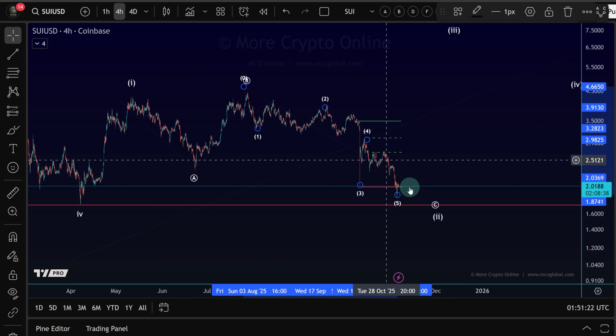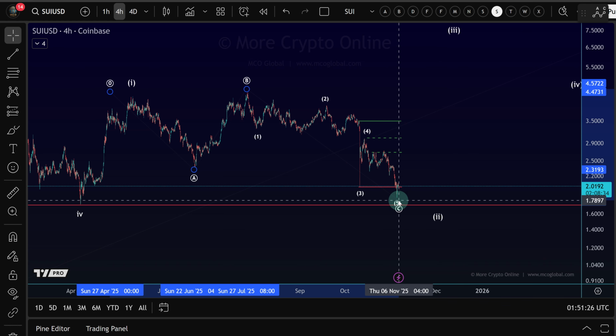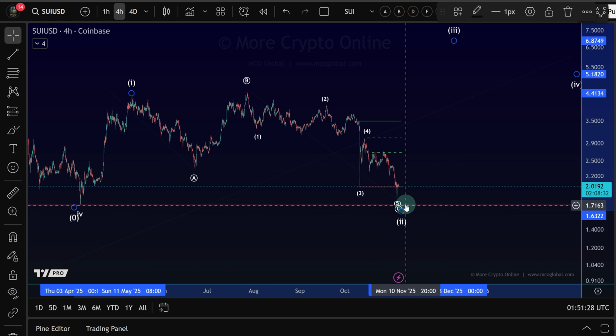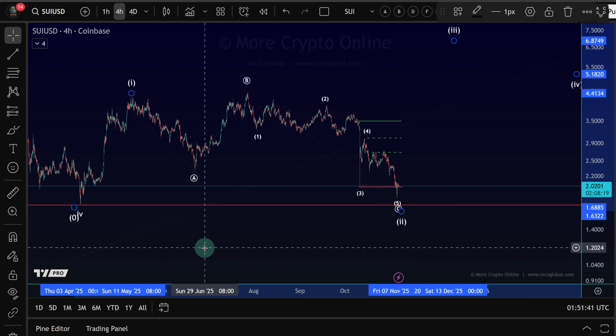And this is a completed 5-wave move down in wave C, but really the invalidation point is there at 1.72. So we're very close. Price already came down to round about 1.83. It just has to hold that low or it will invalidate. But if it invalidates, there's no support level left.